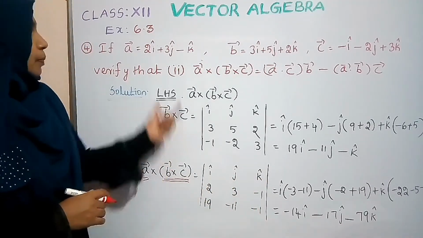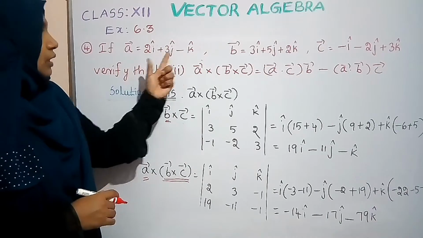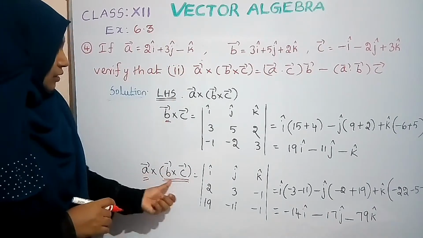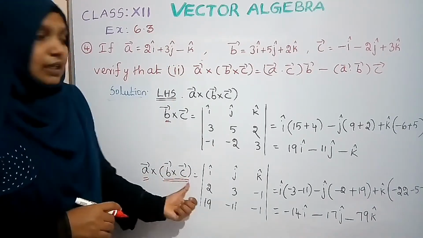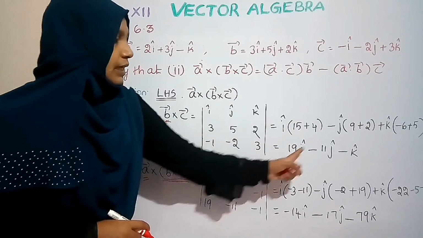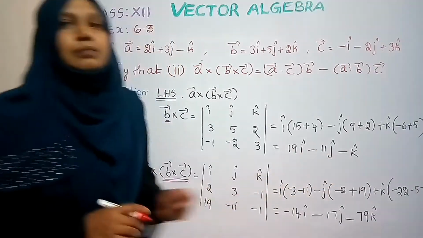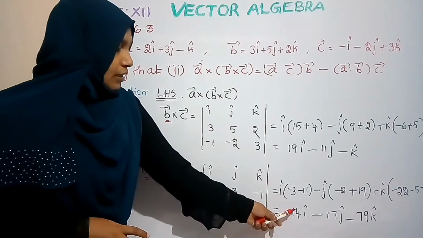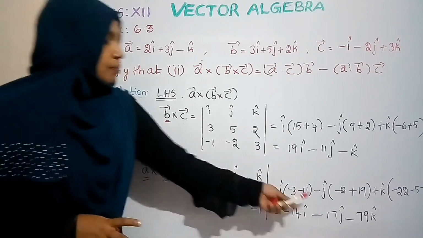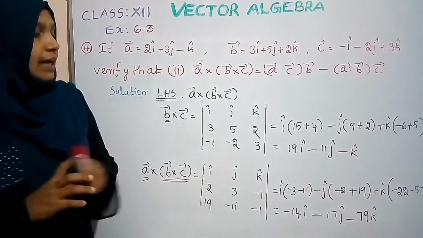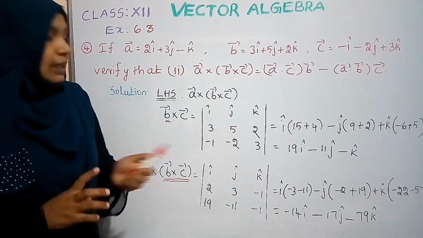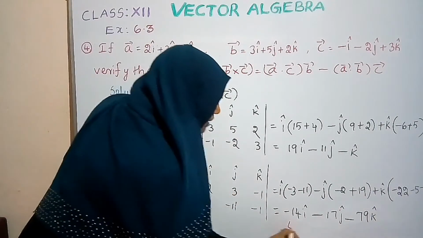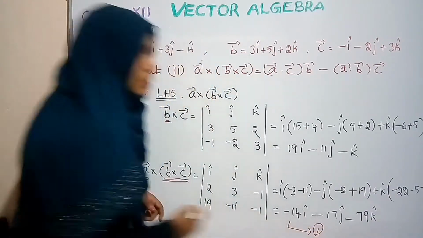Second row will be the components of A vector, 2, 3, minus 1, and third row will be the components of B vector cross C vector, it is 19, minus 11, minus 1. So we are finding the determinant value, then we are getting minus 14 i cap, minus 17 j cap and minus 79 k cap. So this left side answer we can mark as 1.